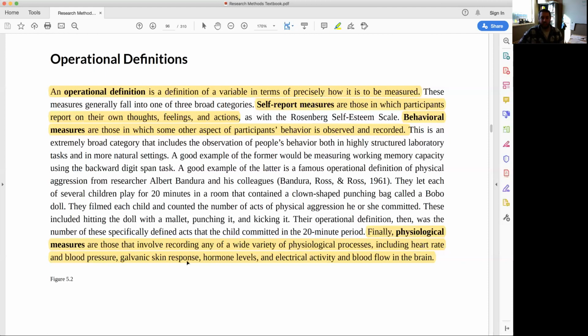And then physiological measurement involves recording a wide variety of physiological processes such as heart rate, blood pressure, galvanic skin response, hormone levels, electrical activity, and blood flow in the brain, just to list a few. A real-world example of this is the polygraph machine, which may be used if you're a suspect in a case to detect whether you are lying or not. It's measuring physiological responses.